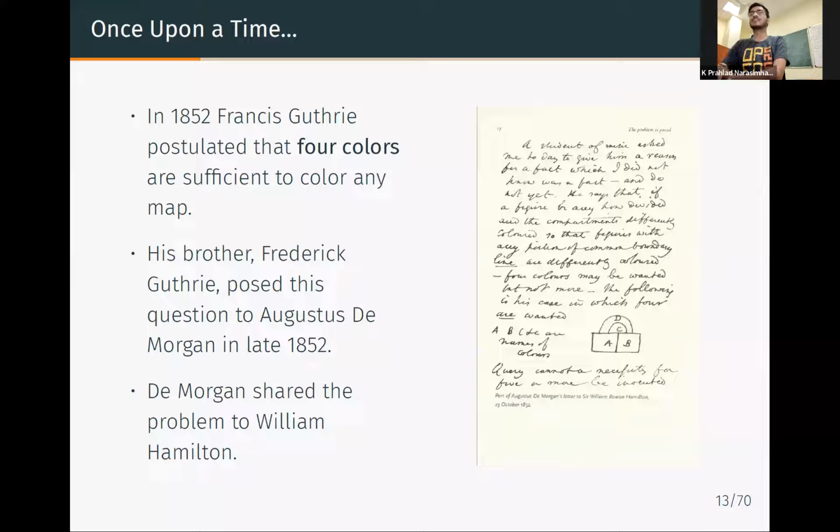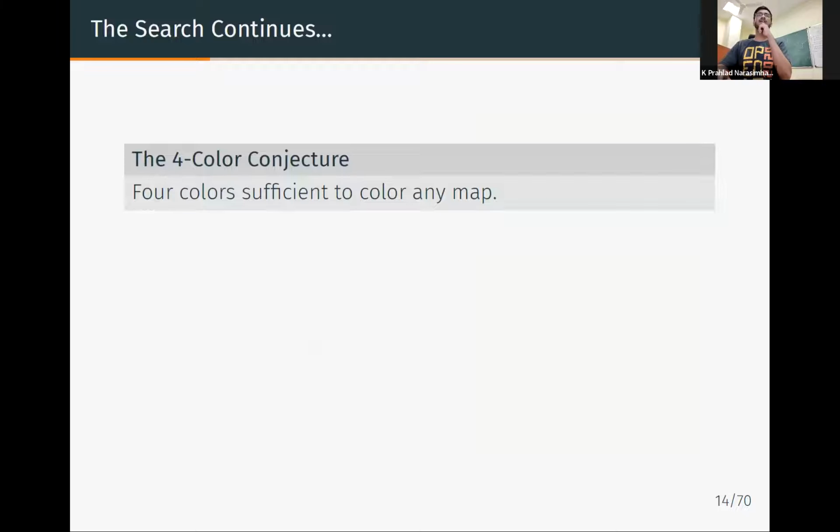He actually goes on to say that if there's an obvious solution, I'll commit suicide or something like that. So anyway, William Hamilton too couldn't solve it. And therefore it became a conjecture, which just means that people believe it's true, but they can't prove it. And the conjecture follows that 4 colors are sufficient to color any map, right?